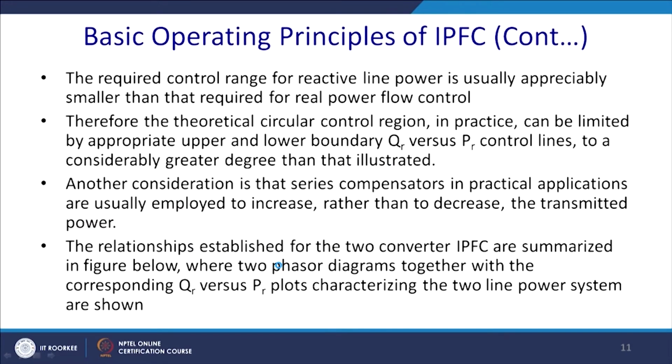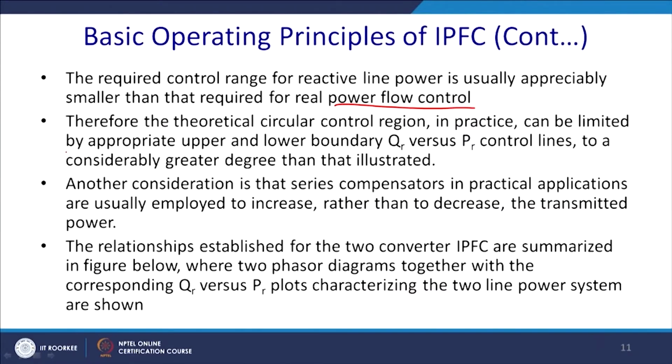The required control range for the reactive line power is usually appreciably smaller than that required for the real power flow control. Generally, it has to manage more and more real power than reactive power.